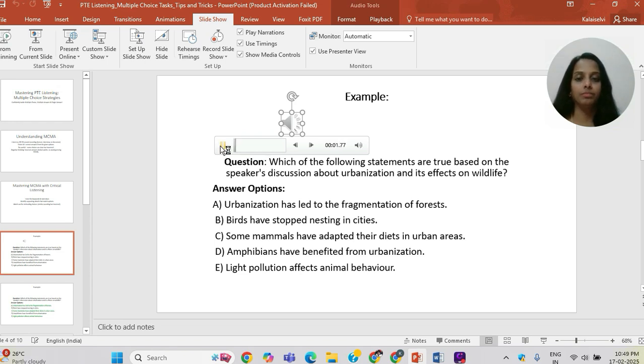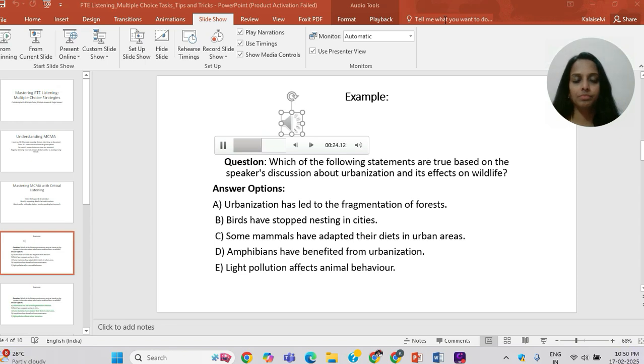Urbanization has significantly transformed natural habitats. As cities expand, forests are fragmented, forcing many species to adapt or face extinction. Birds, for instance, have begun nesting on skyscrapers, while some mammals are altering their diets to survive in urban settings. However, not all species can cope.